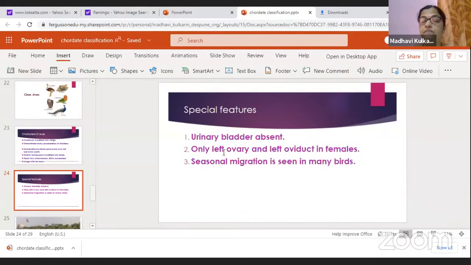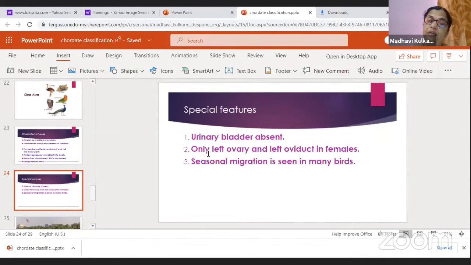I want to show you some special features of the birds. In birds, it is interesting to know in their excretory system, the urinary bladder is totally absent because they cannot store the urine, which will make them heavier. So, where they sit, they give out their urine, and even the feces are often given out to make their body weight less.